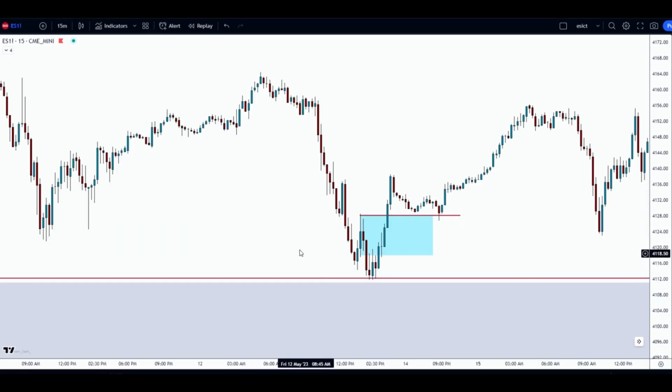So what actually makes breaker blocks work so well? I think it's because, for one, you have a run on liquidity. That itself offers a great opportunity, which is turtle soup. And then on top of that, you have a built-in market structure shift, because price comes down, here's your breaker block, and then you have a market structure shift that happens right here.